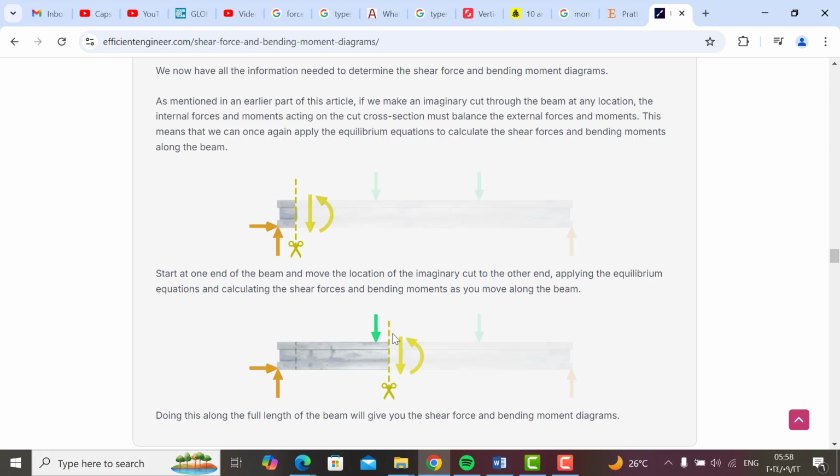For the vertical, we concentrate on the shear forces, and the moment, or the bending moment.